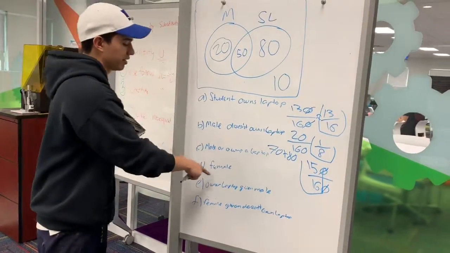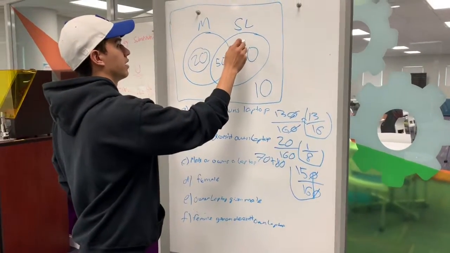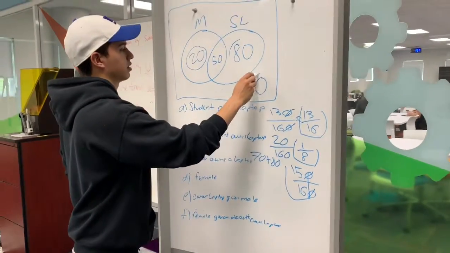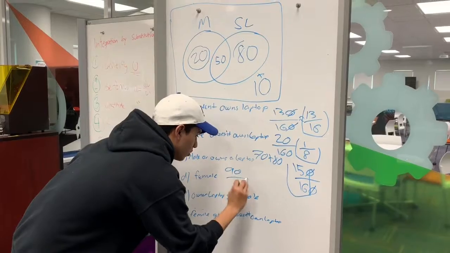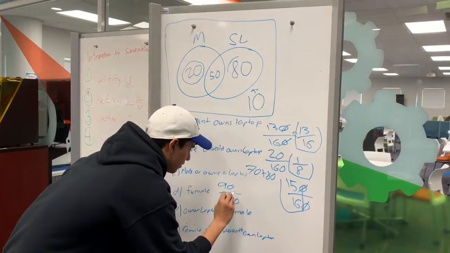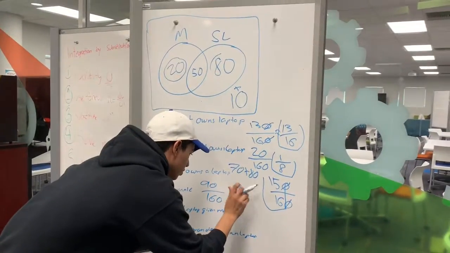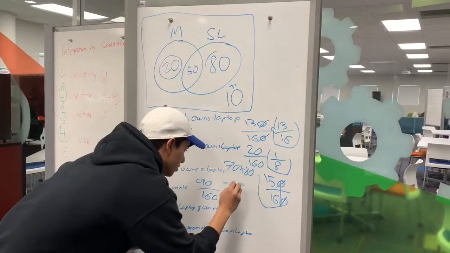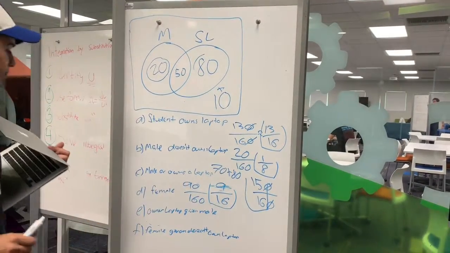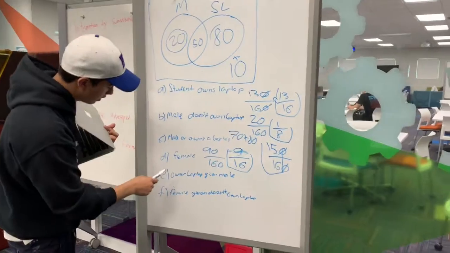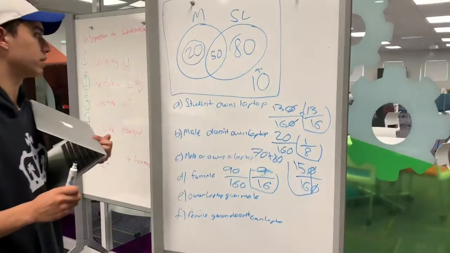Then the probability of picking a female, which is 80 plus 10, which is 90 over 160, which is 9 over 16. And the probability of the owner of a laptop given that it's a male.